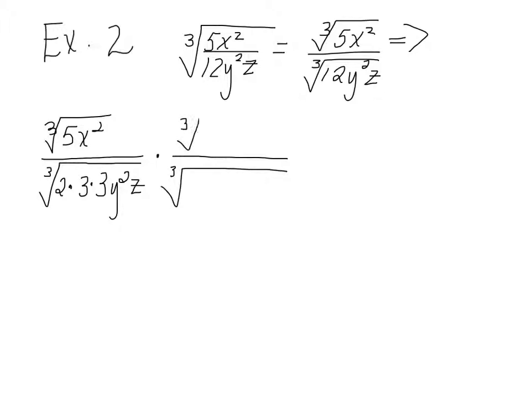And whatever you do to the bottom, you got to do to the top. So you see how we only have 1, 2? I need 2 more 2's. I need 1 more 3. And I need another y. And then 2 more z's. And I have to do the same to the top.